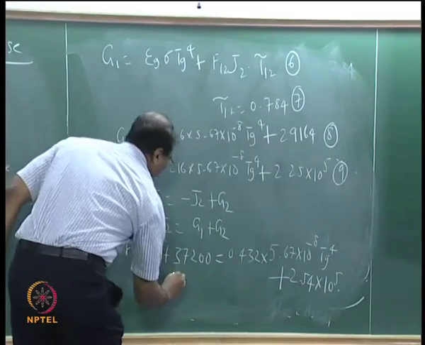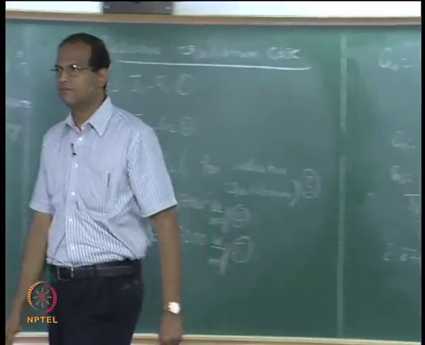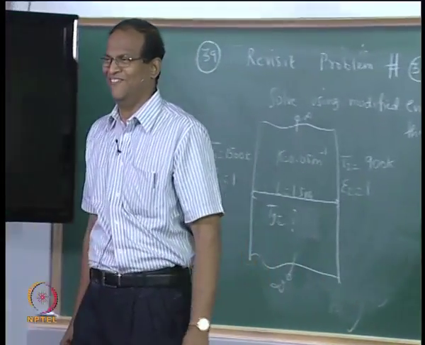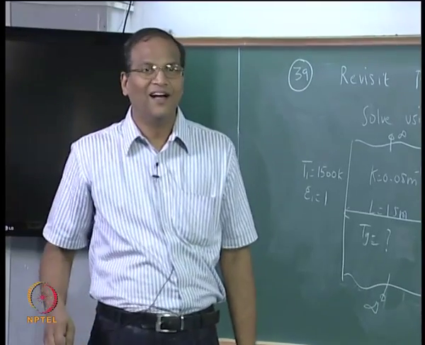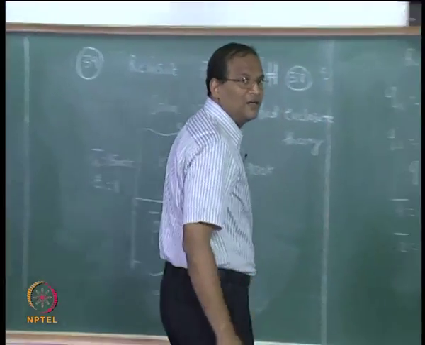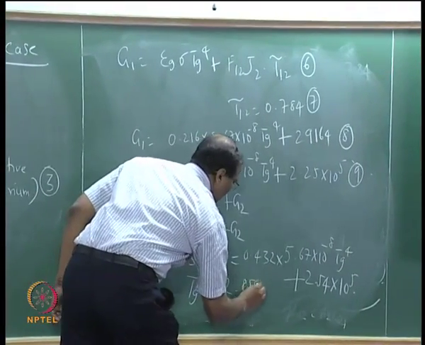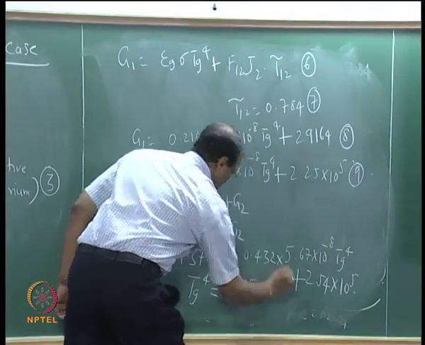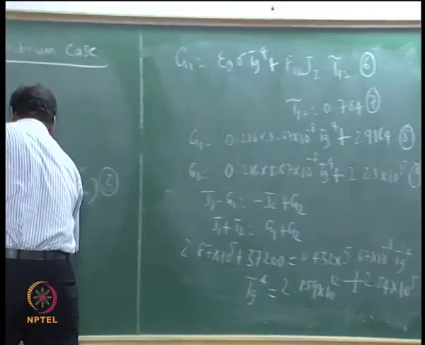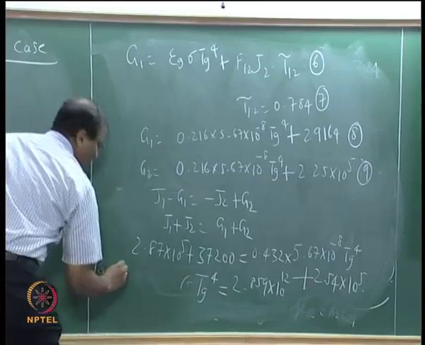So Tg to the power of 4 is 0.859, 10 to 12. 1300 and so on.